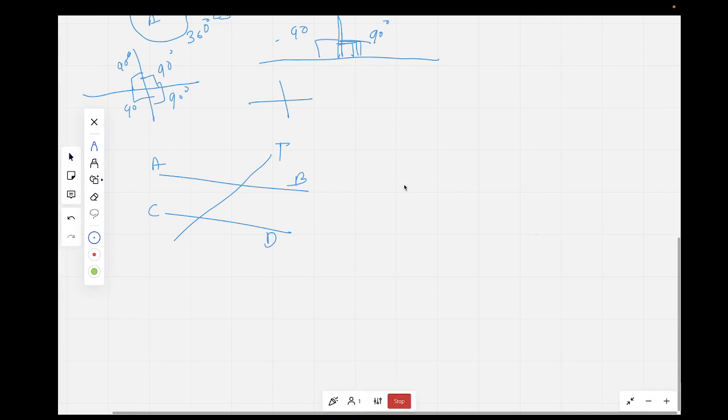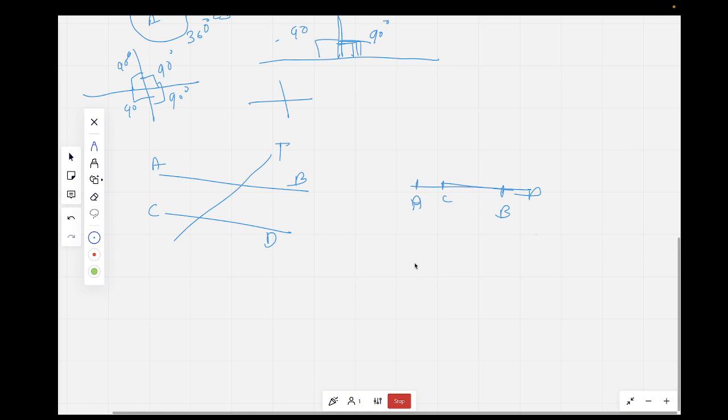Let's say there is a line AB. If I have to draw a line parallel to AB, I can either coincide with it, like let's say I'm drawing a line CD which is parallel, but essentially it becomes the same line, A and B. So in this case the angle subtended between these two lines is 0 degrees.